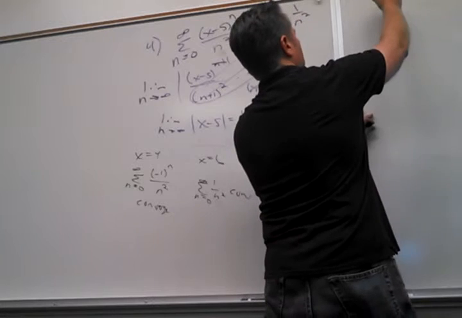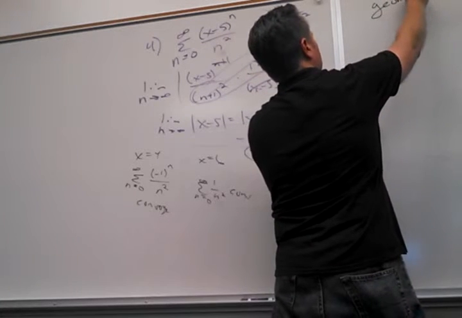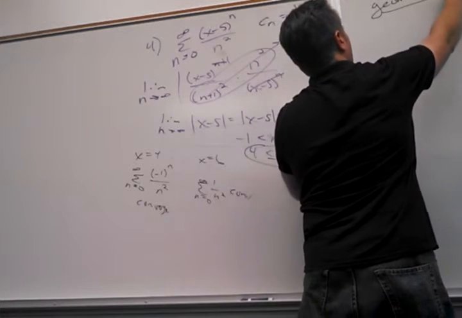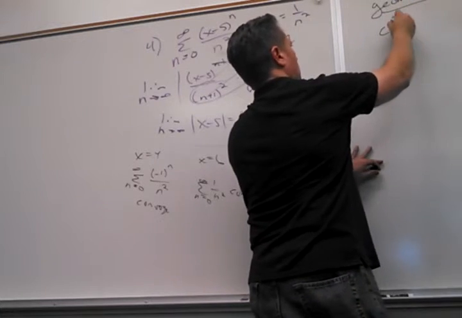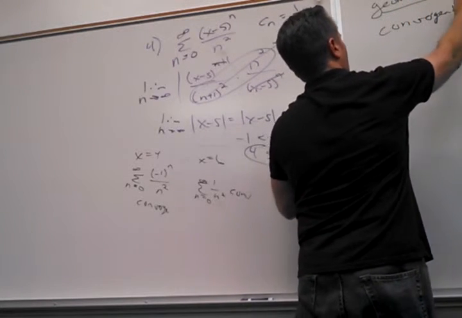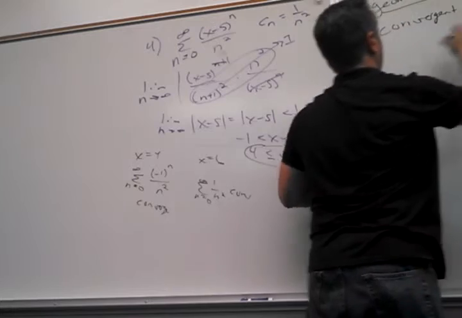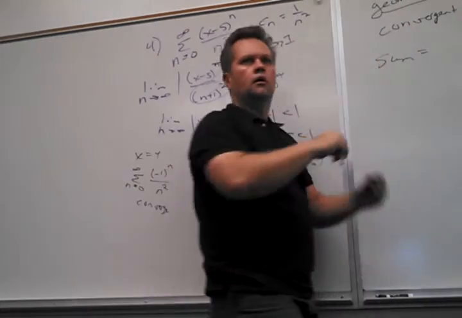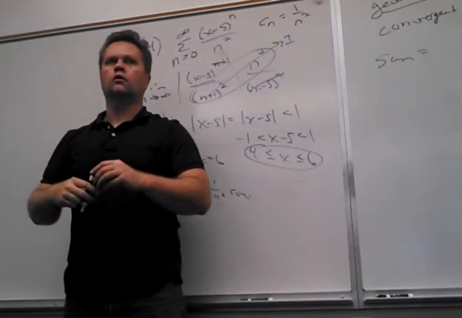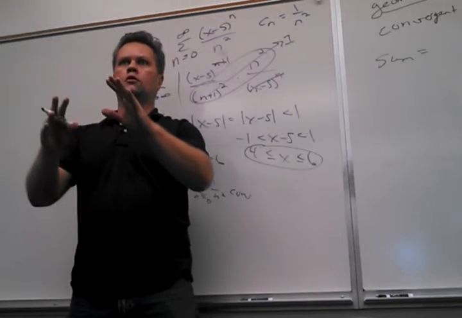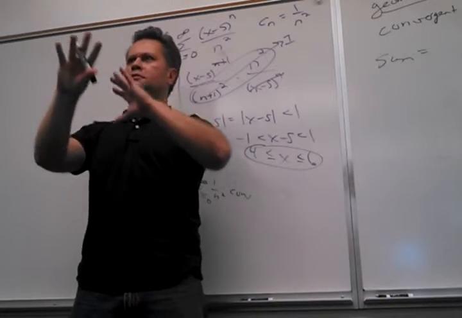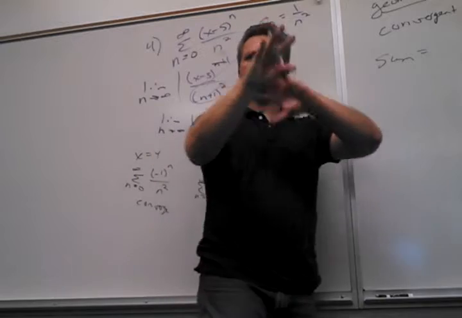So remind me again, if I have a geometric series that converges, what would its sum look like? You got all the right letters in the wrong order.